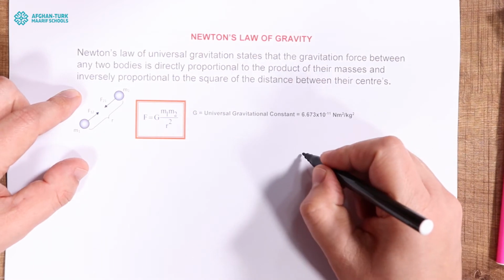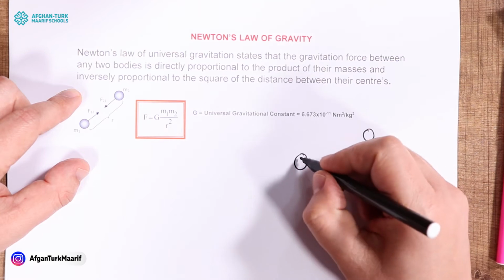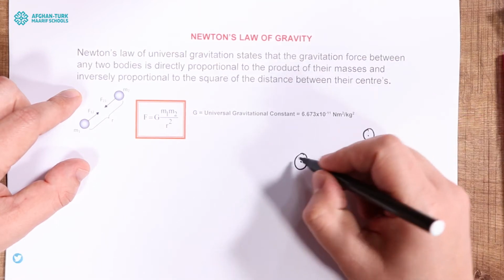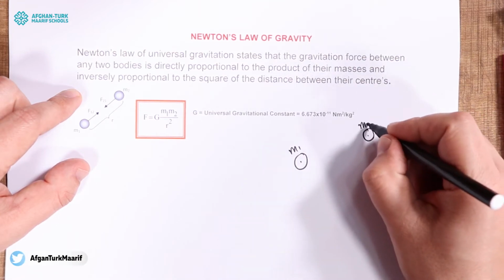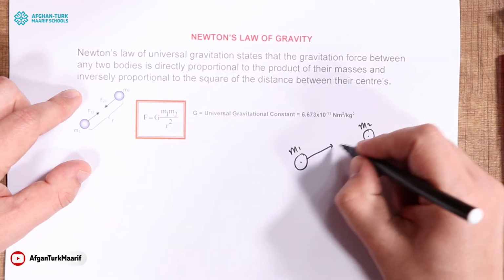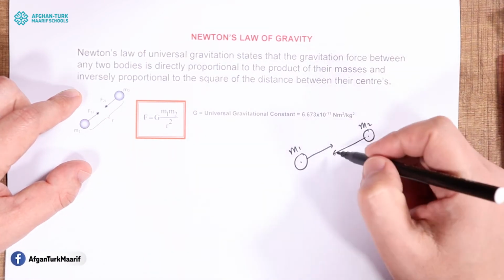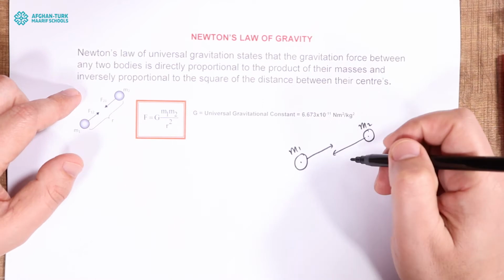Newton said that when there are two masses, like this is mass 1 and this is mass 2, these two masses apply a force on each other and they will attract each other.